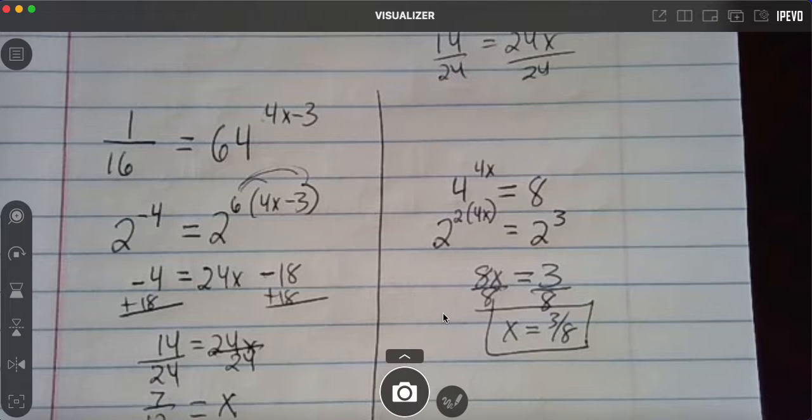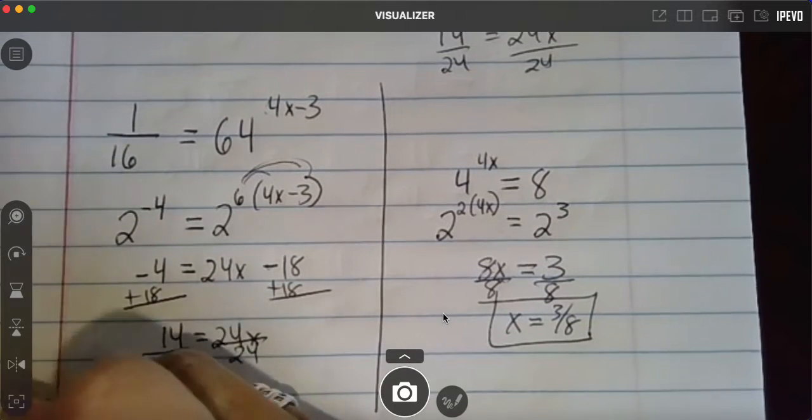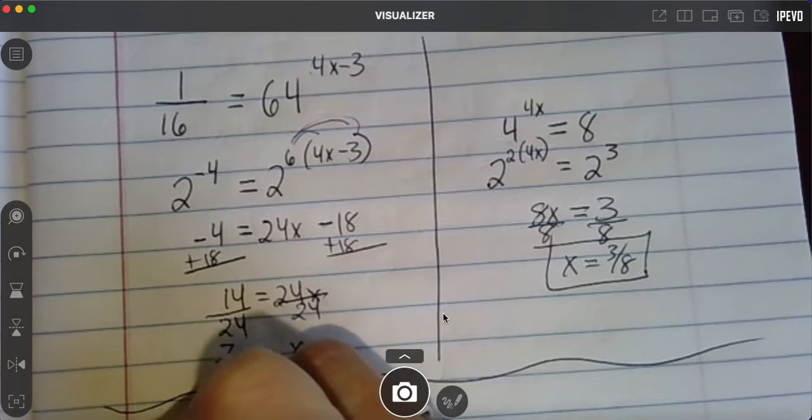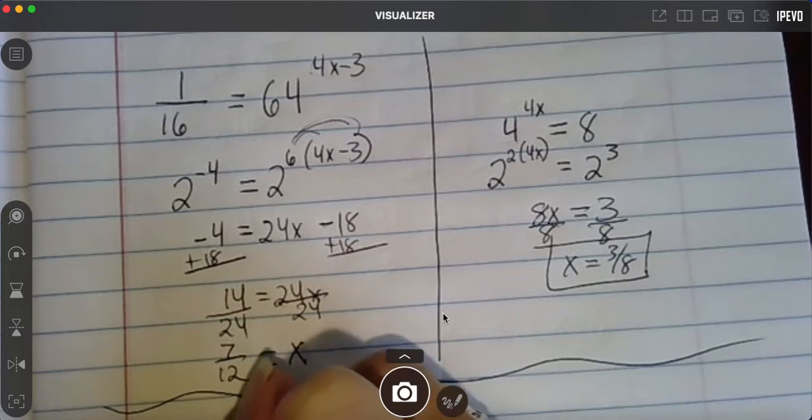Now on number 23, they want us to solve differently, using logarithms. On number 23, this exponent, they have 15 to the 2x equals 36.